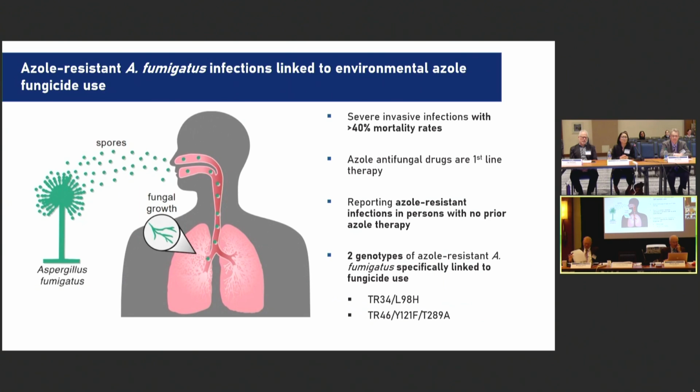But it was when we started to see it more in people with no prior azole therapy, so they hadn't received these drugs before, that cued us into this potential link with fungicide use. And fortunately, we're able to track strains of azole-resistant A. fumigatus that are specifically linked to fungicide use through genetics. So there are two genotypes, we've heard of these, TR34 and TR46, that are specifically linked to fungicide use that we can use for some of our surveillance efforts.